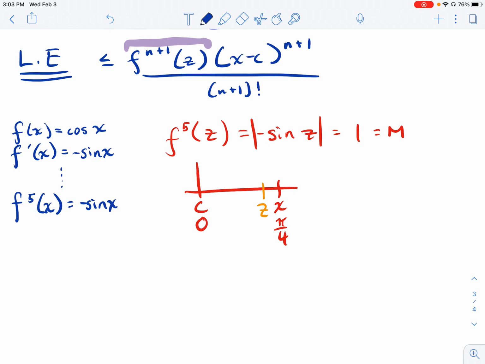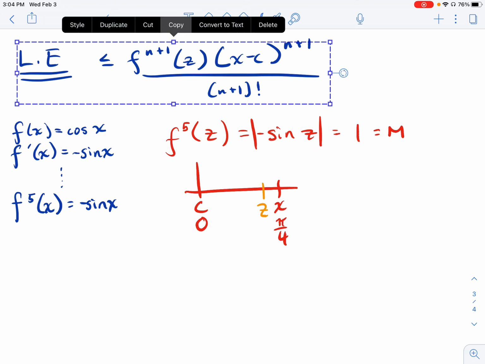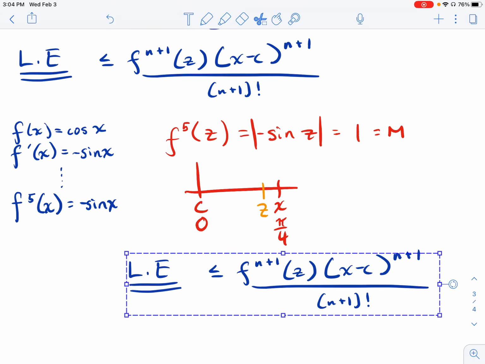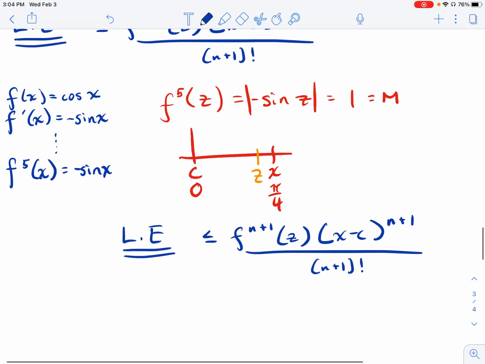So our Lagrange error, let me just bring this down because we're going to use this. Our Lagrange error here, we can say the following. It is less than or equal to this fifth order derivative evaluated at z. I don't know what z is, but I know the largest possible value of this fifth order derivative is 1.